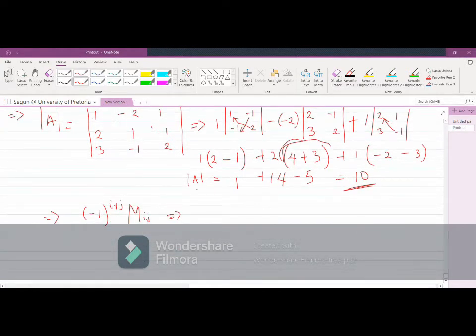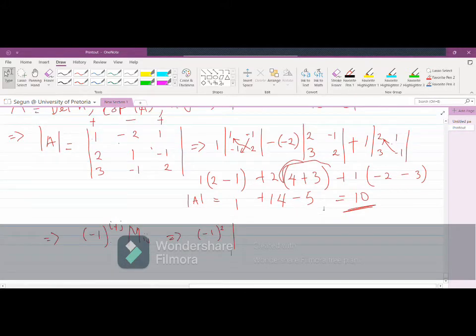So from here, let's do A11, minus 1 raised to power 2 in brackets. What is it going to be? Anybody? 1 minus 1, minus 1, 2.